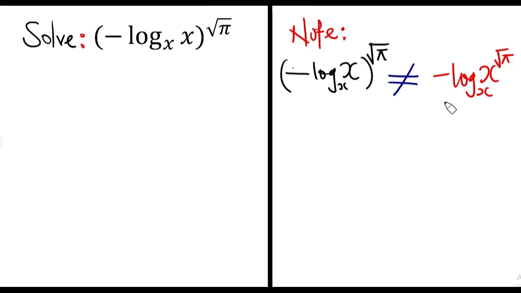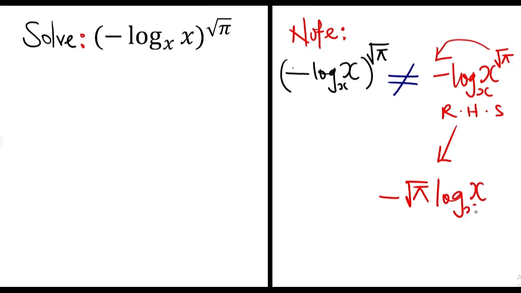Definitely, if we're going to undo this right hand side, applying the rule of logarithm, the power shifts to the left side like this: minus root pi log of x to base x.